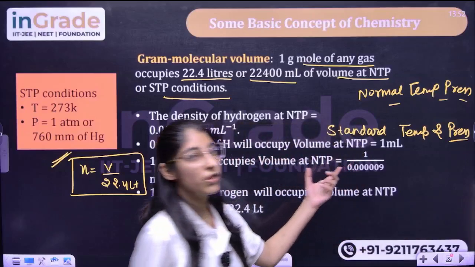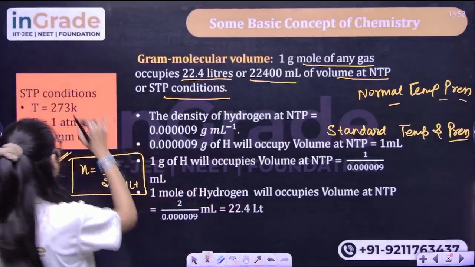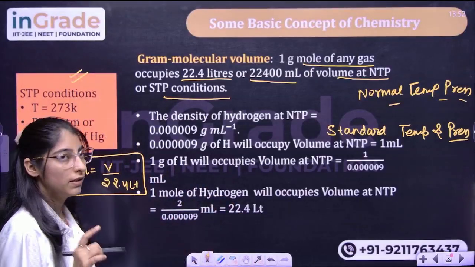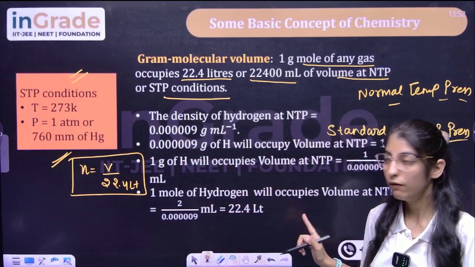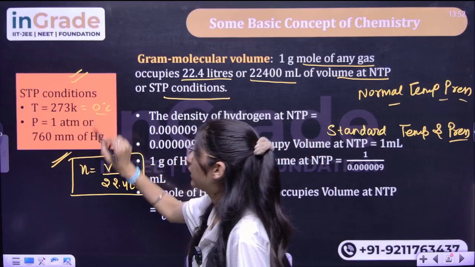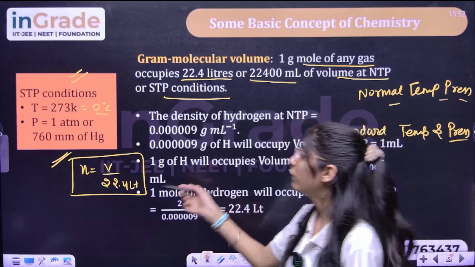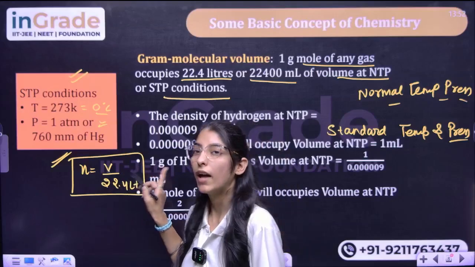These conditions are fixed. For STP you have to remember that the temperature is equal to 273 Kelvin, or 0 degrees Celsius, and the pressure is equal to 1 atm or 760 mm of Hg.